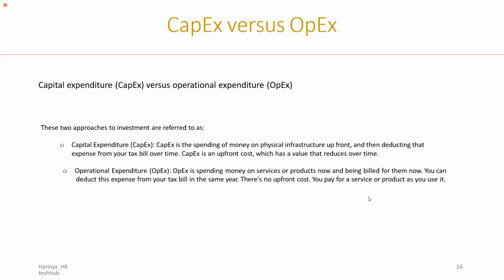There is no upfront cost in operational expenditure. Unlike capital expenditure, we do not have any upfront cost. You pay for a service or a product and you use it. Right now, if you are using it for 1 hour, you are going to pay for that 1 hour. So this is capital and operational expenditure.